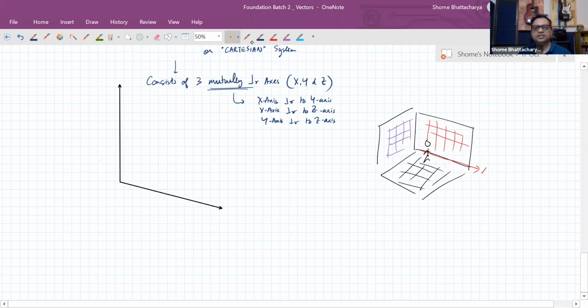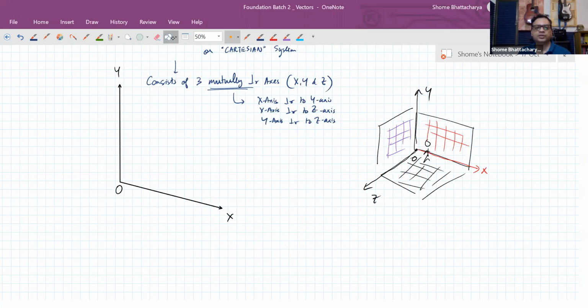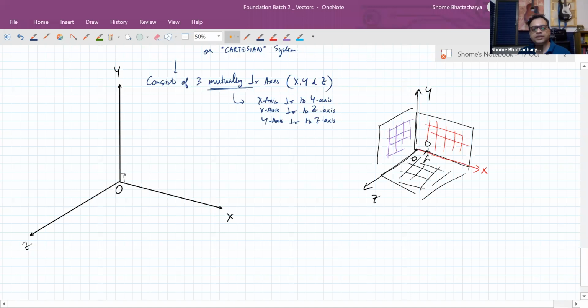I'm taking this as my x-axis. This corner point is this corner of the room, and this line that I'm drawing is our y-axis. And similarly this edge is our z-axis. So this forms our system of mutually perpendicular axes. This is how we visualize it.